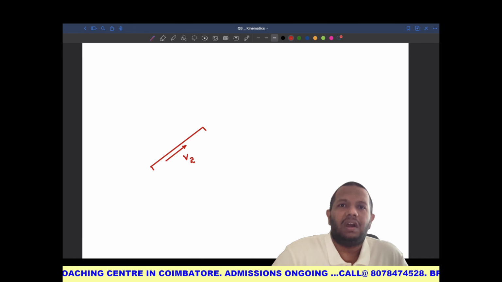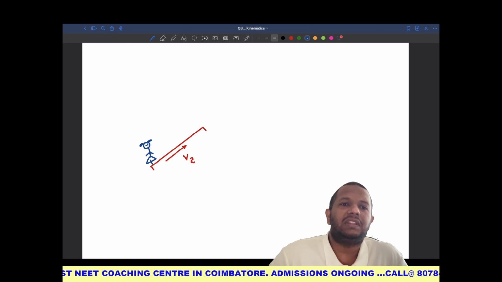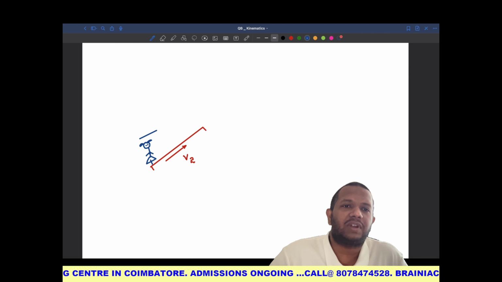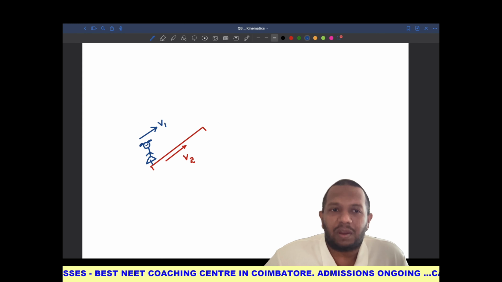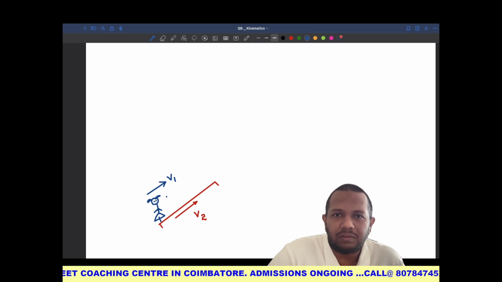Now here Preeti is there. Let me draw Preeti, but I'm not good at it. Preeti is also moving, so she also has a velocity. We already noted that her individual velocity is v1. Think of when you are in a supermarket on an escalator and you are also walking, so both you and the escalator are moving.